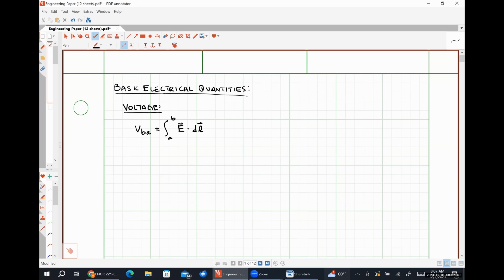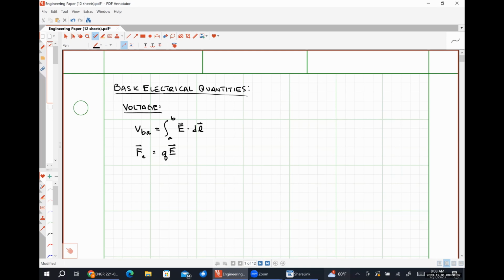So there is a quantity called the electrostatic force, F sub E, that is equal to charge Q multiplied by the electric field vector E. Okay.